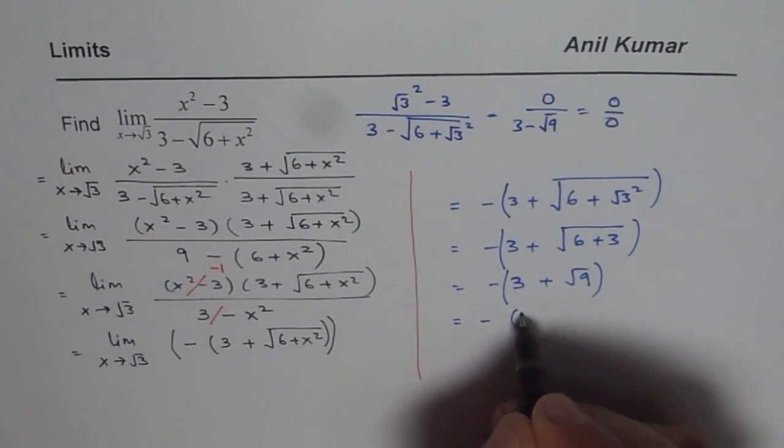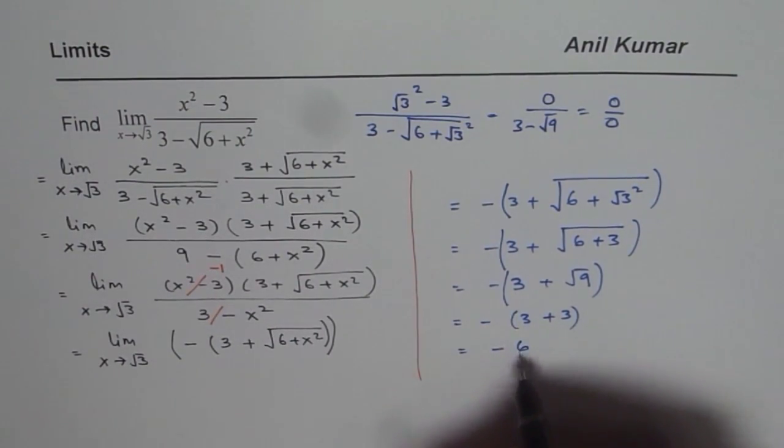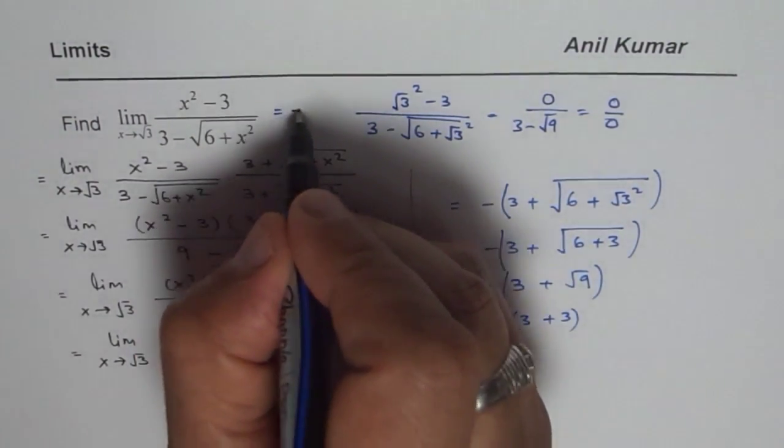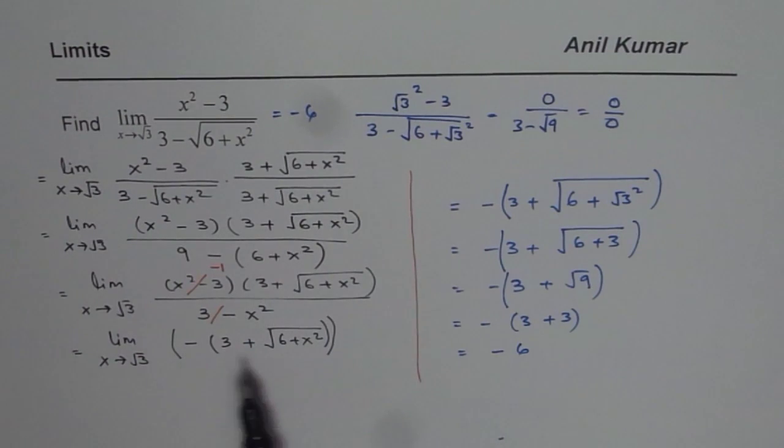So we get minus (3 plus 3), which is minus 6. So the solution for us is minus 6 for the given question. So take care, this negative is for the whole expression.